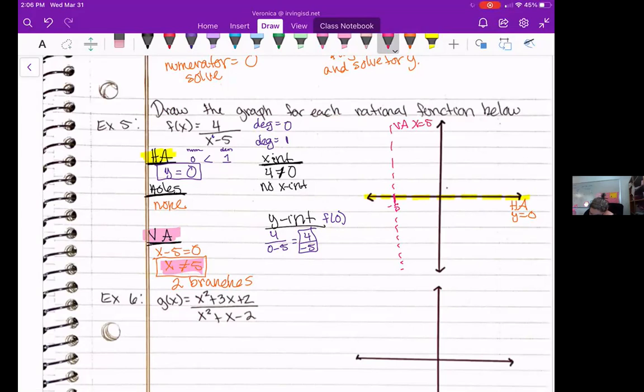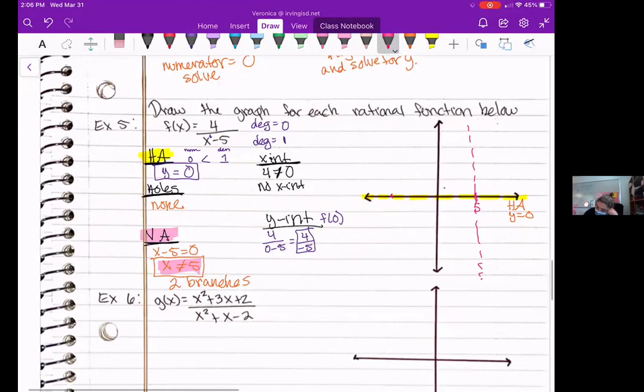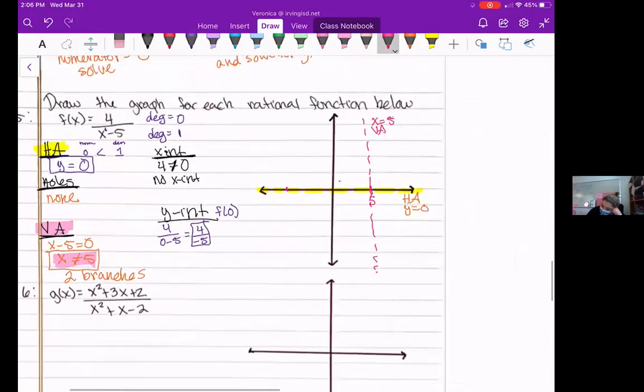Or wait, was it negative 5 or positive 5? Oh no, it was positive 5, my bad. Sorry, it was at positive 5, which would be about here. Okay, here we go. This is a vertical line, x equals 5, which is our vertical asymptote.